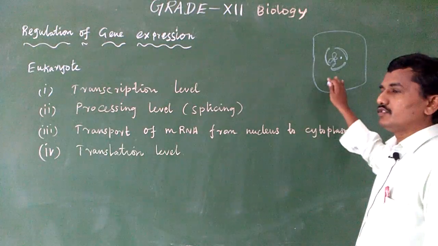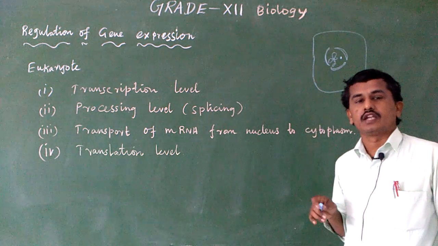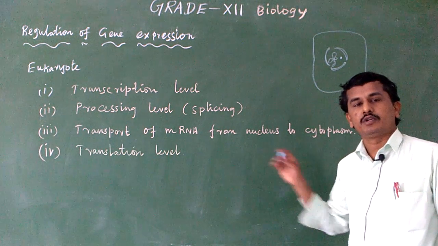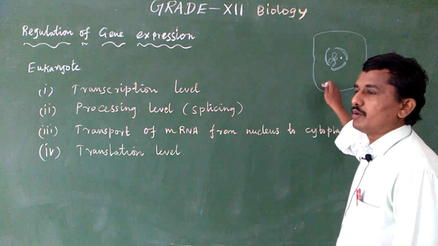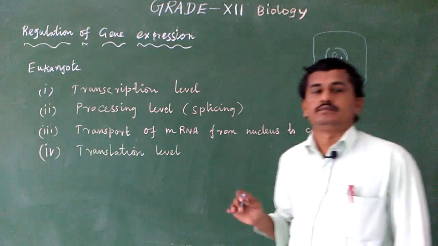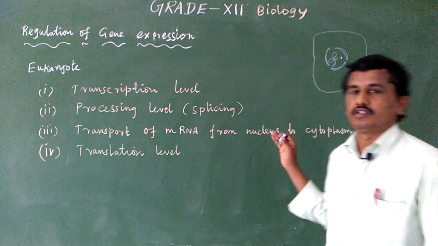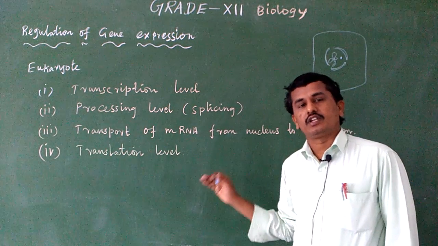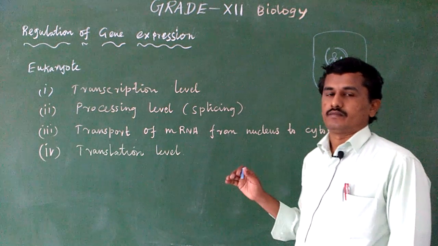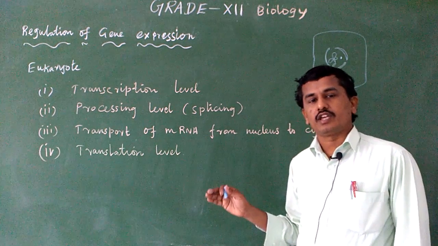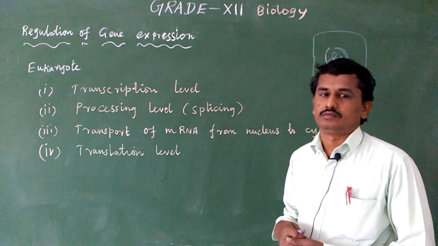Suppose the cell needs to produce a particular enzyme or protein. For example, the cell needs to produce the pepsin enzyme. It is a stomach cell. The cell needs to produce pepsin, a proteinase enzyme which digests protein.